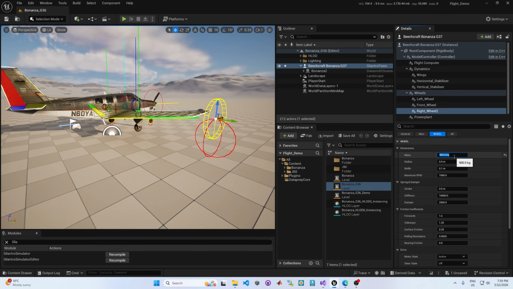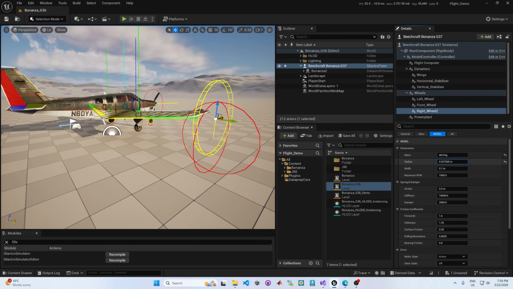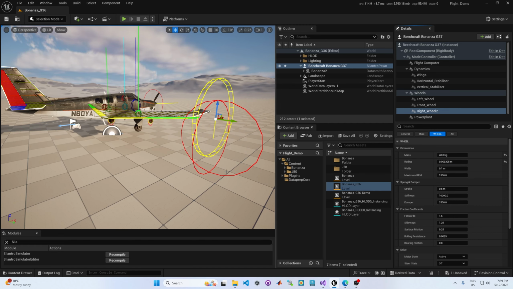For example, this aircraft has a gross weight of about 1600 kilograms. You're not going to have 900 kilograms for the mass, so something around 40 kilograms will probably do for this aircraft. Then the next thing is the radius, and honestly I think that's self-explanatory. It's the radius of the wheel, the physical size of the wheel.